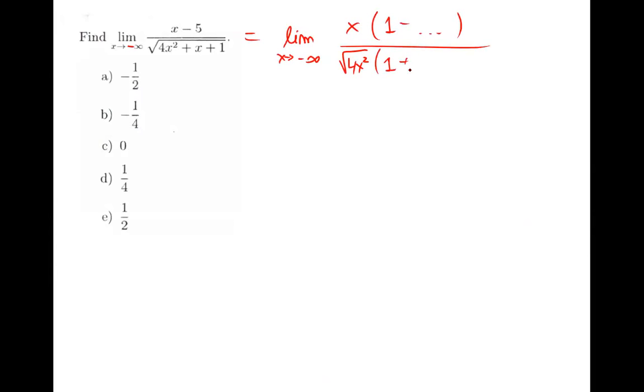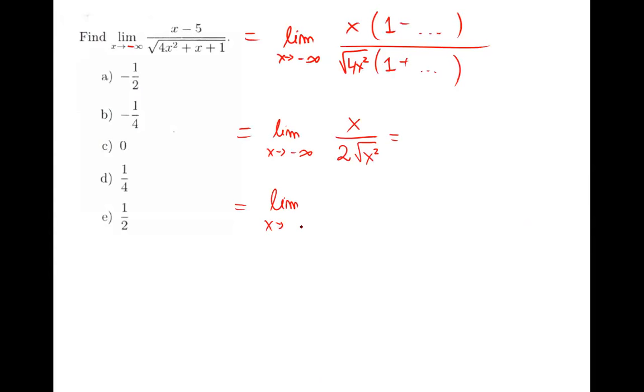Let's assume that I factor out, because for limits at infinity, I only focus on the leading terms, x and the square root of 4x squared. That's what we have now. It's x, and then the square root of 4 is 2, and now I have to simplify the square root of x squared.